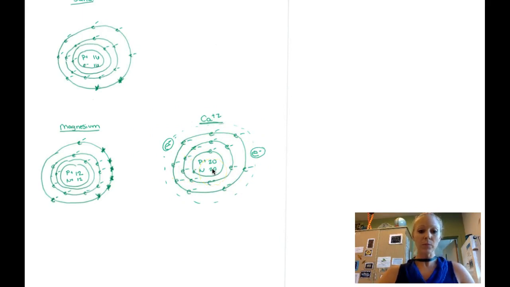However, we're saying that it's calcium plus 2 because it has already gotten rid of those 2 electrons to have a full valence shell. So it's gotten rid of one negative charge, two negative charges. So now it is a +2 ion because it has gotten rid of two negative charges to have a full valence shell. So its valence shell is 8.